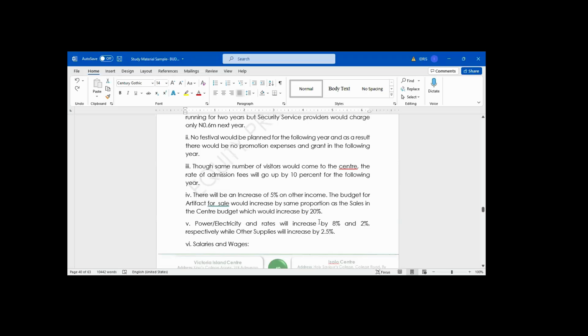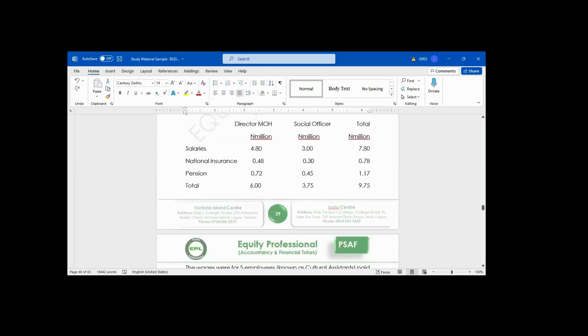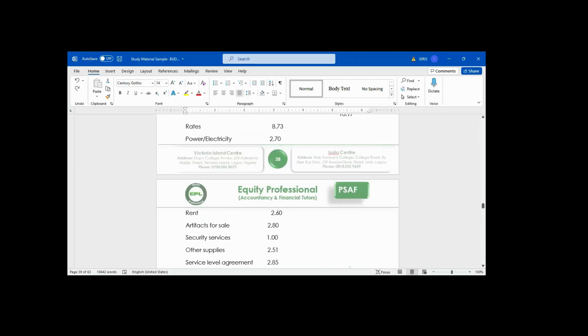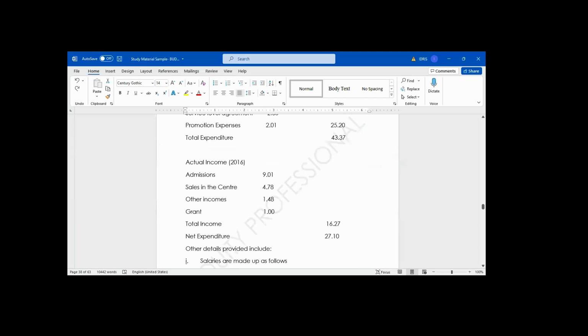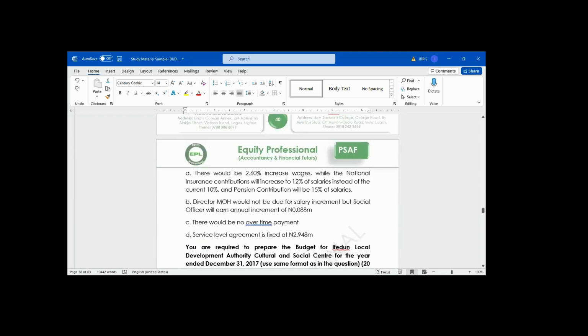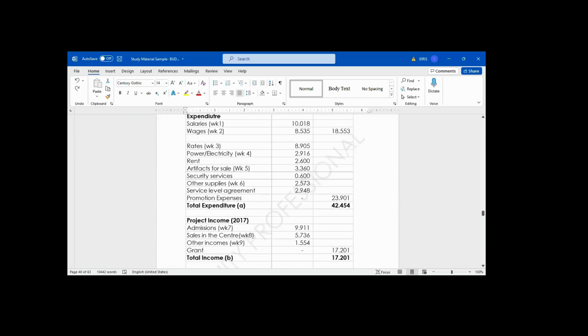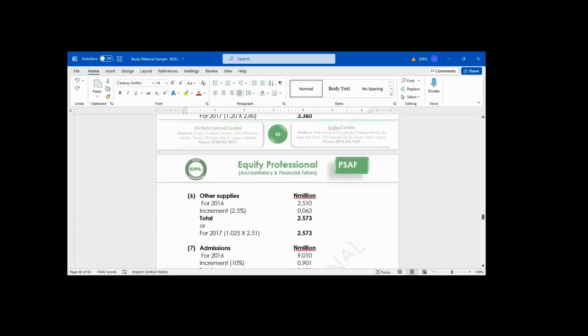That means rate is going to increase by 2%. What that means is the rate for 2016 was 8.73, so for 2017 it is going to be 102% of 2016.